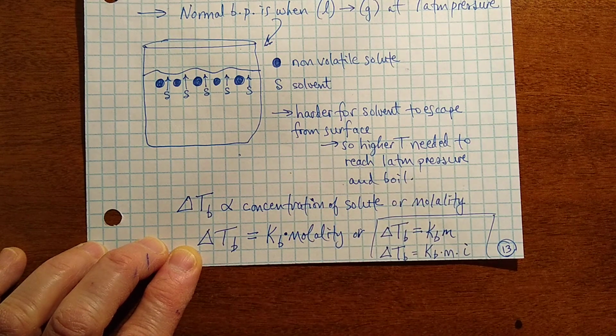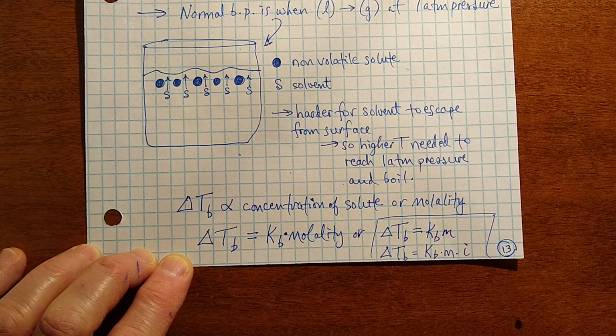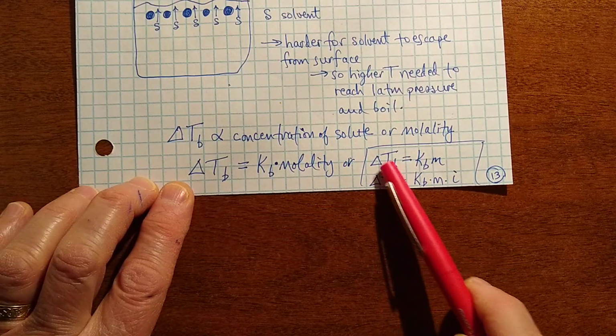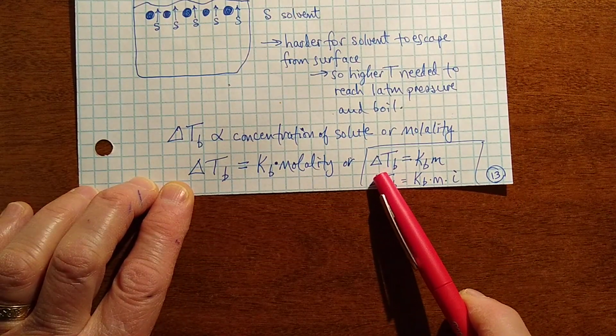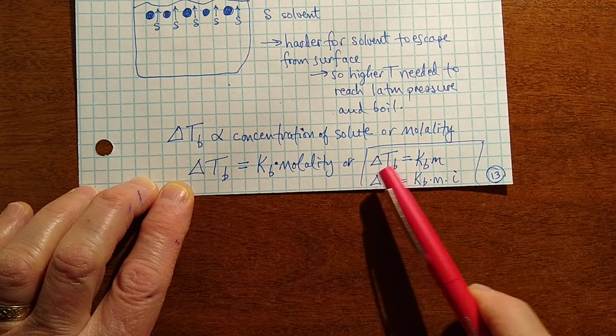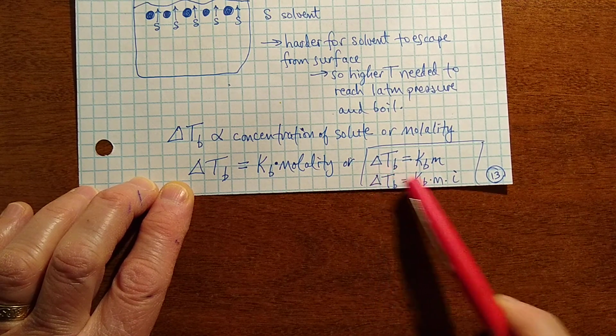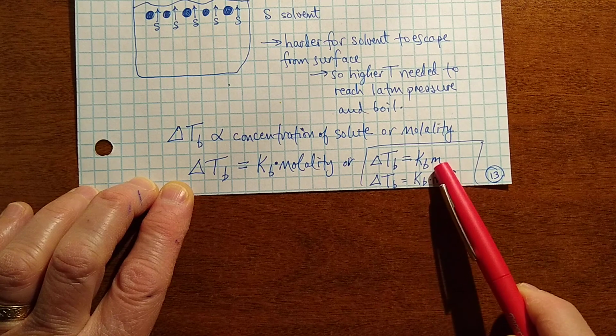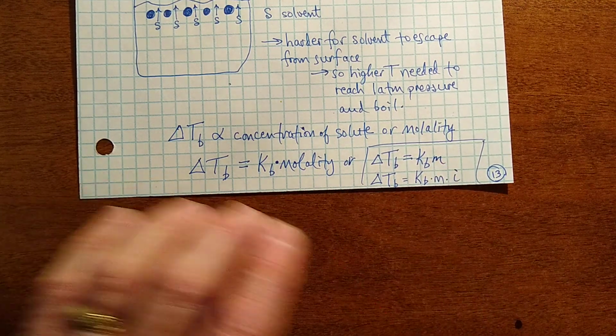That's why the boiling point of a solution is going to be higher than the boiling point of the pure solvent. And it's the change in the boiling point, and the same goes for the change in freezing point, this delta T is proportional to how much stuff you have dissolved, which is lower case m here.